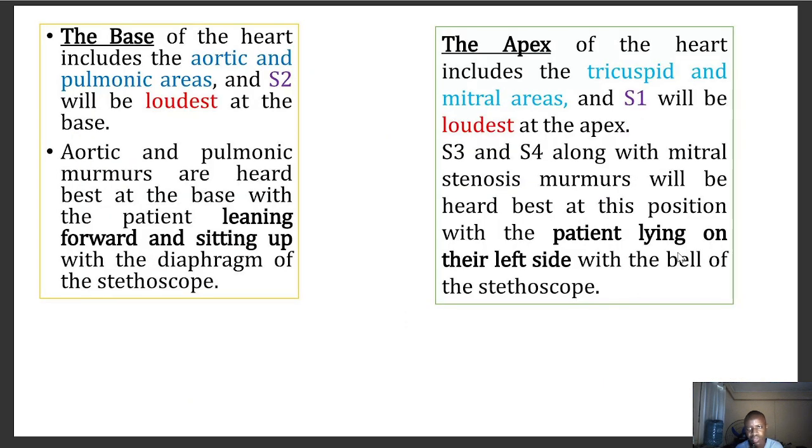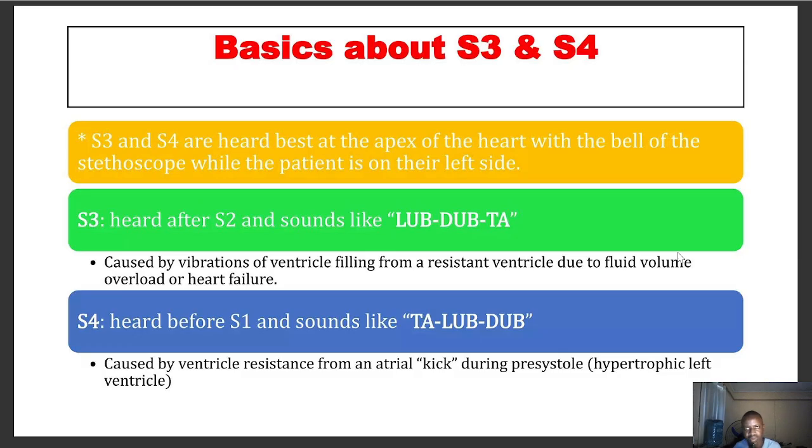Don't forget about that. What are the bases of the other sounds, S3 and S4? You need to know that S3 and S4 are always heard at the apex of the heart with the bell of the stethoscope while the patient is on the left side.